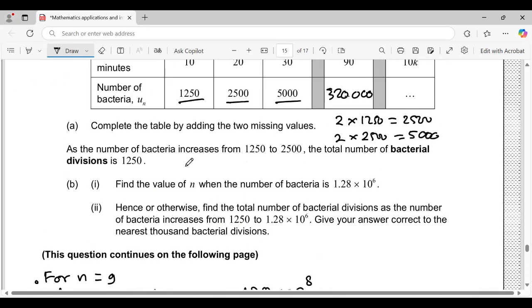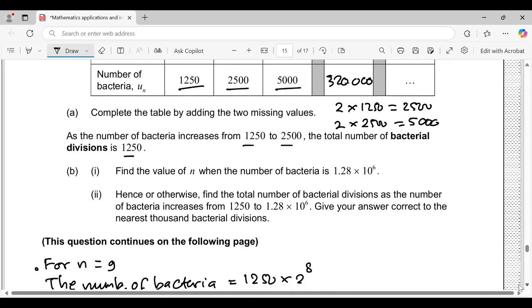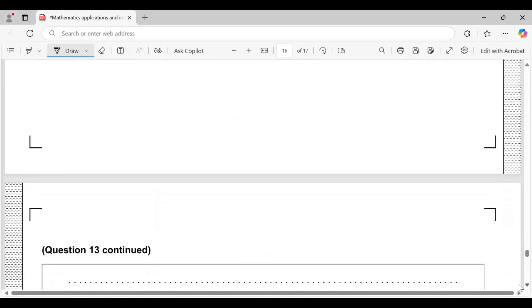Find the value of n when the number of bacteria is 1.28 times 10 to the power 6.